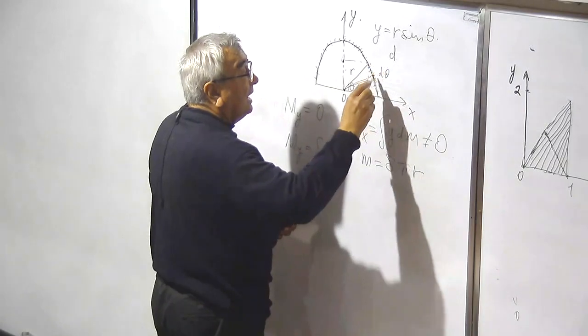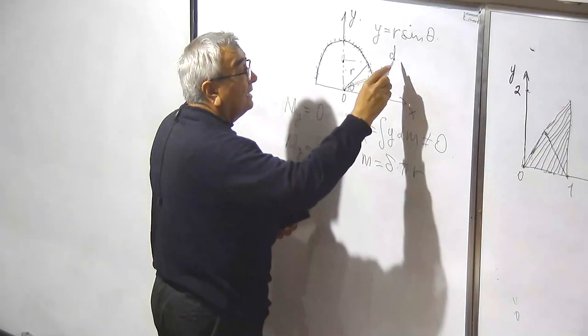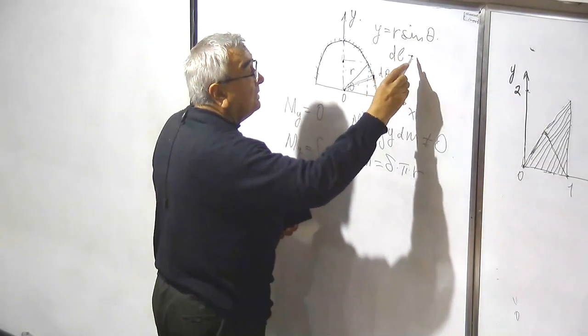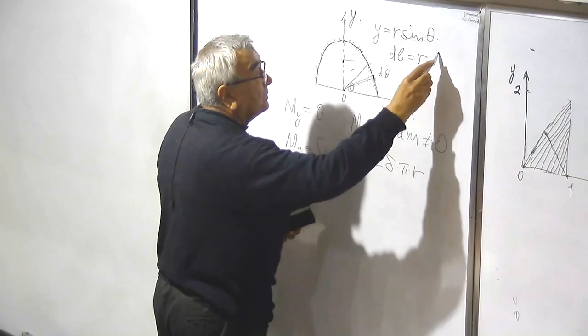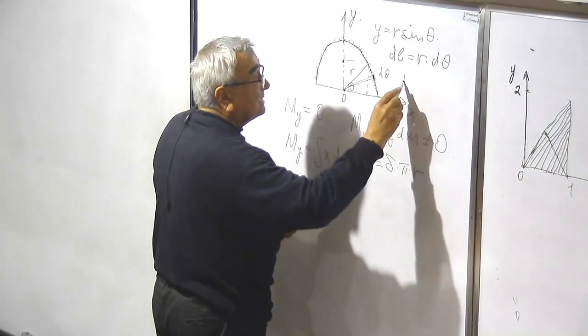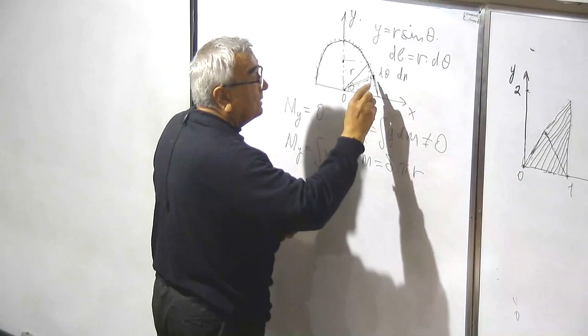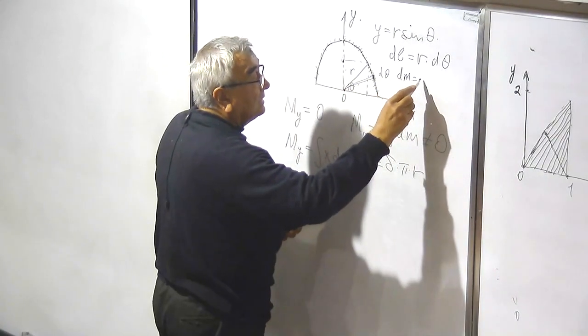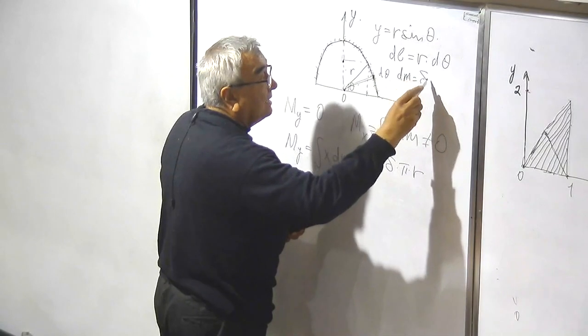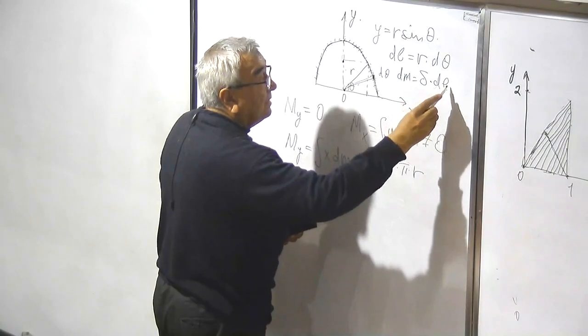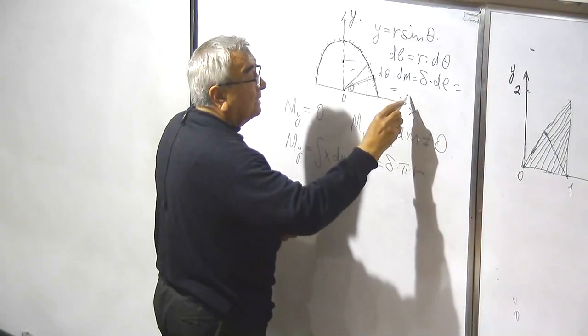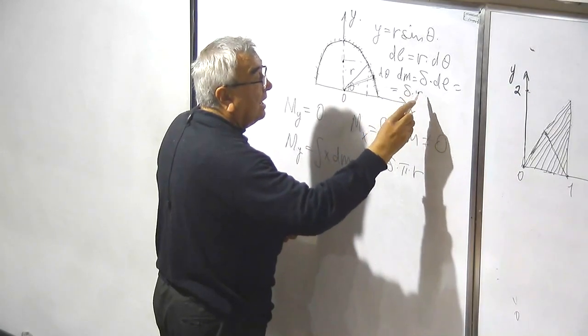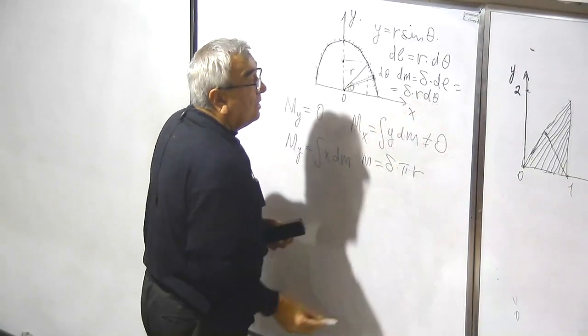That means that I decided this is dl. That means that dl should be equal to r multiplied to d theta. Mass dm, the mass of this portion, will be equal to delta times dl. So we have delta times r and d theta.